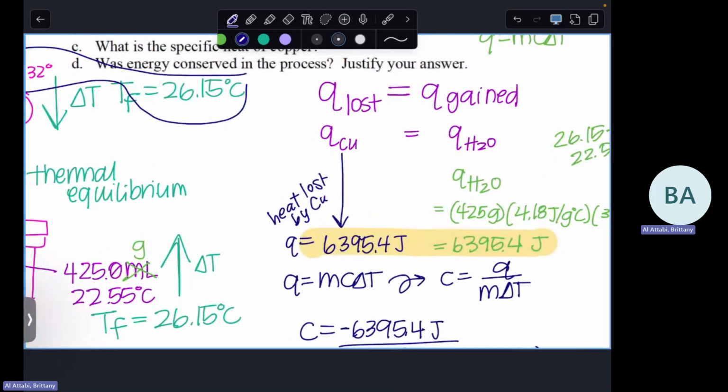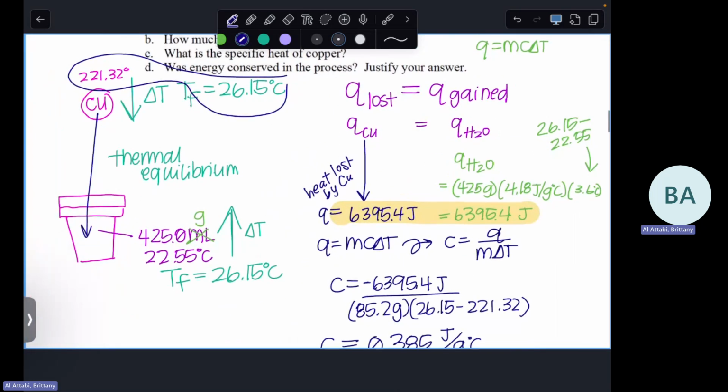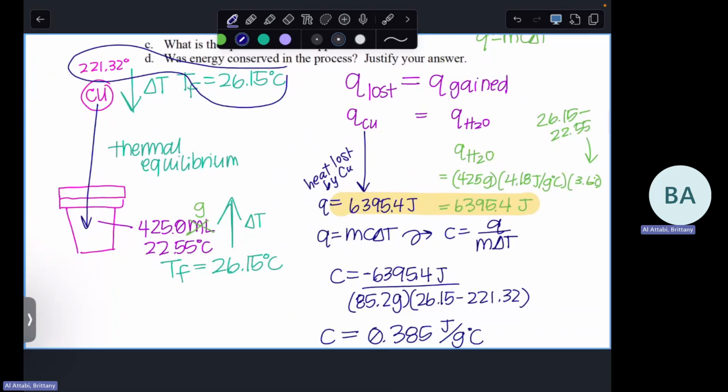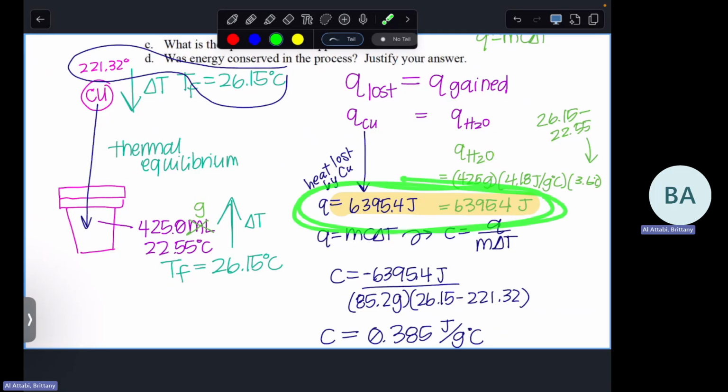Oh, I skipped it, but was energy conserved in the process? It was, and it's because of this piece right here. We did not lose any energy. It was just transferred from the copper to the water. Because the law of conservation of mass and the law of conservation of energy are essentially the same words.